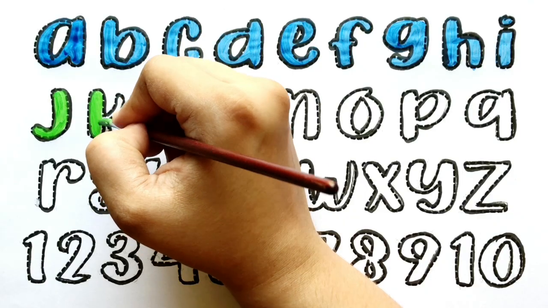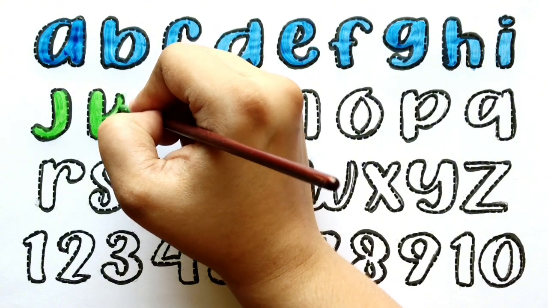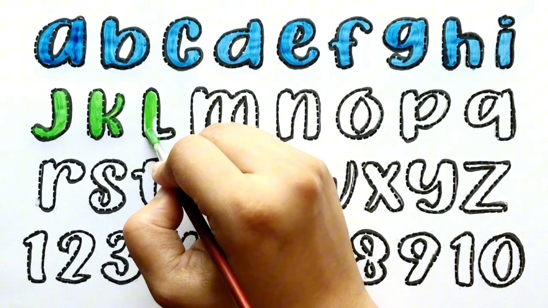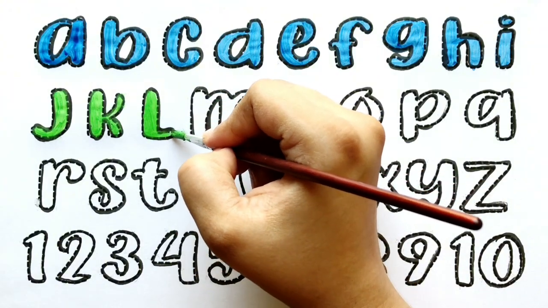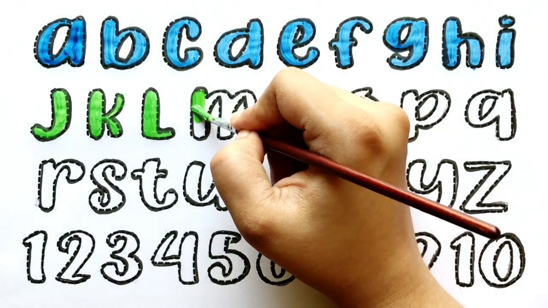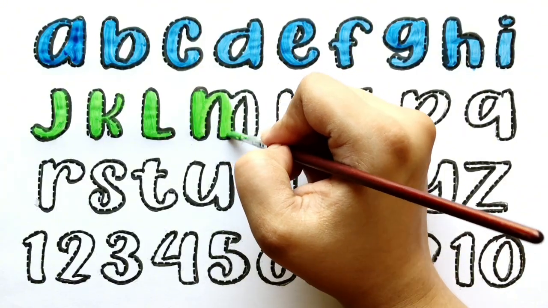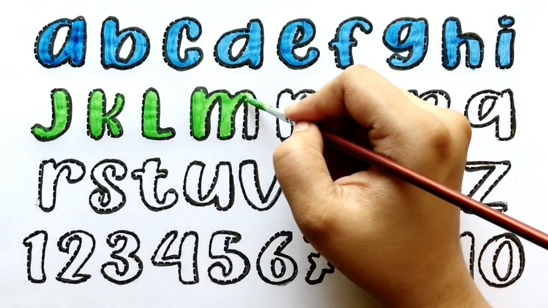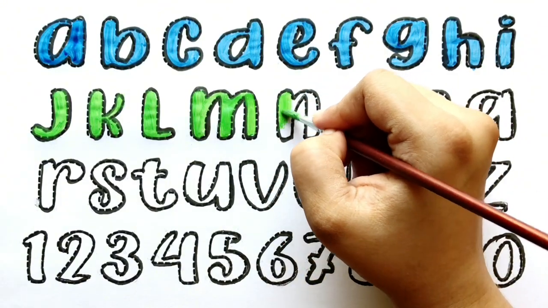K for kite. L for lion. M for monkey. N for nose.